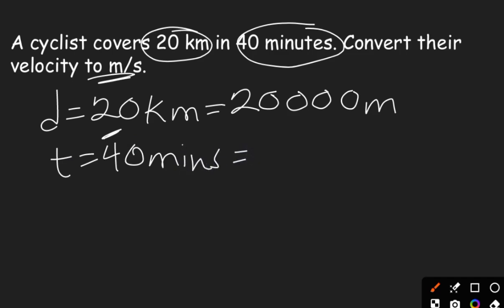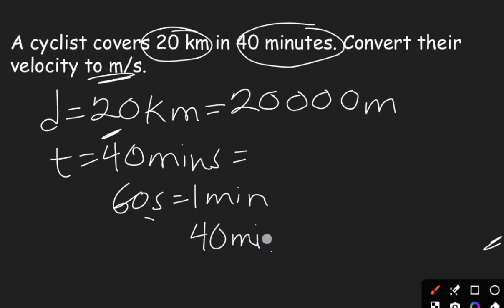Now 40 minutes to seconds, 60 seconds equals 1 minute. So in order to be able to do this, what you do is multiply 40 by 60. 40 times 60, you're going to have 2,400 seconds.